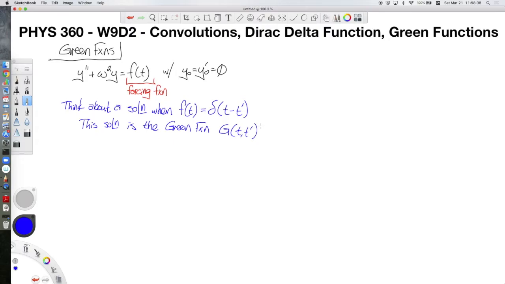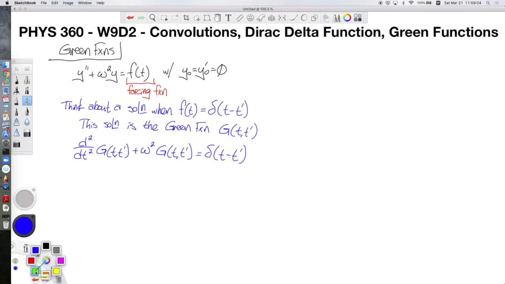So this means that d squared by dt squared of G of t, t prime, plus omega squared times G of t and t prime equals the delta function, t minus t prime. And this right here is going to be our Green's function.